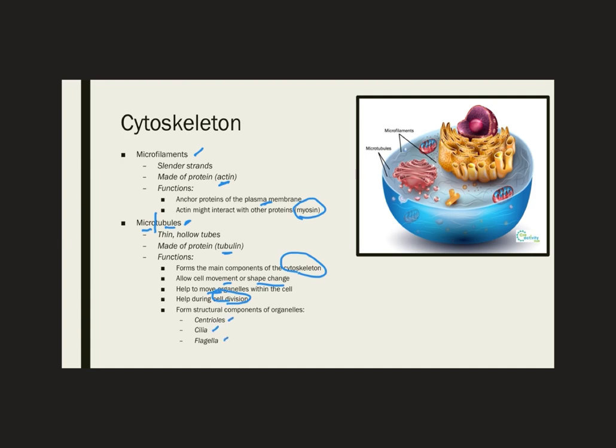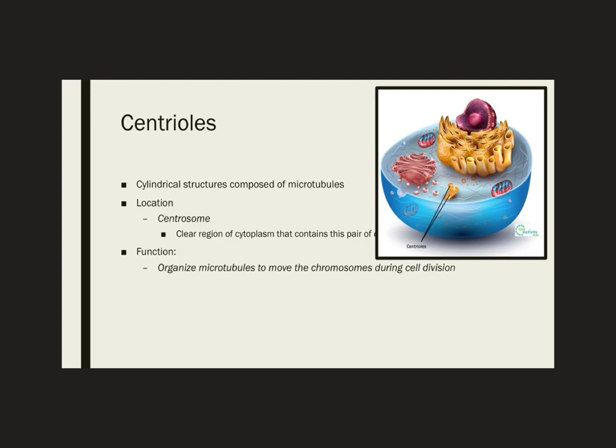A centriole is a cylindrical structure that's composed of short microtubules that are organized. Notice how they are not scattered throughout the cell. They form 9 groups of microtubules, and they are always paired within a cell, meaning that there are always 2 centrioles, and they are found in a specific region of the cytoplasm that is always close to the nucleus, known as the centrosome.